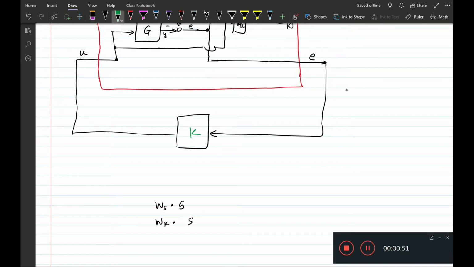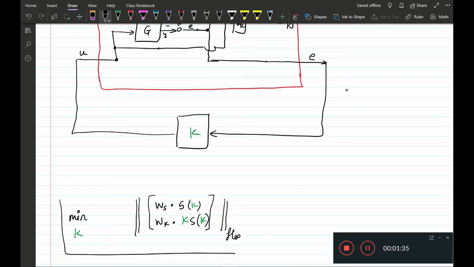And now the unknown, or the variable, is the controller K, and the sensitivity is obviously also a function of this variable K. So that is the closed loop transfer function. If someone gives us a K, we can plug it in here and get the closed loop transfer function. And now we want to minimize the H infinity norm of this and find a K that does that.